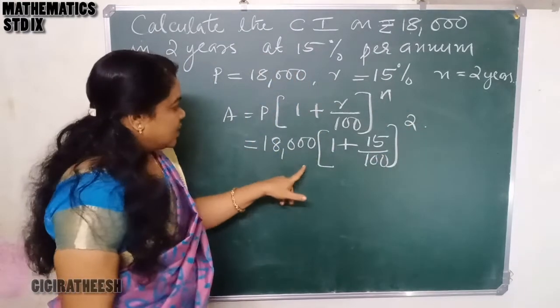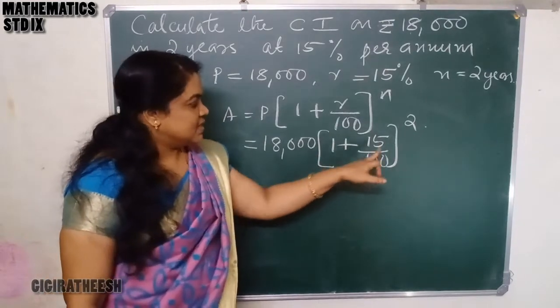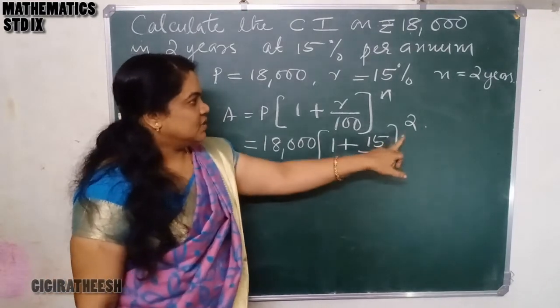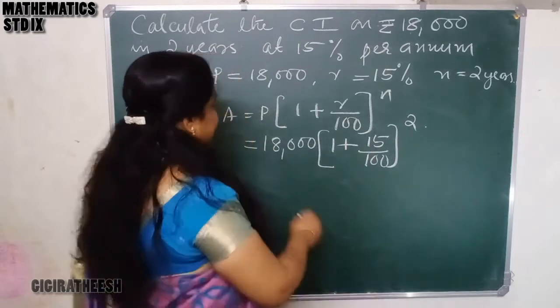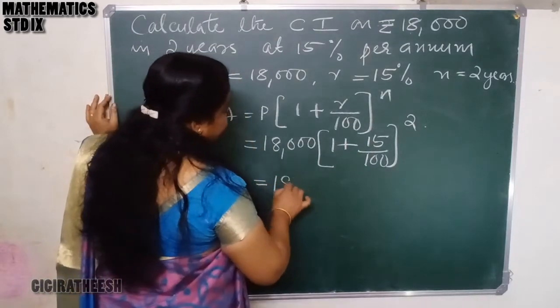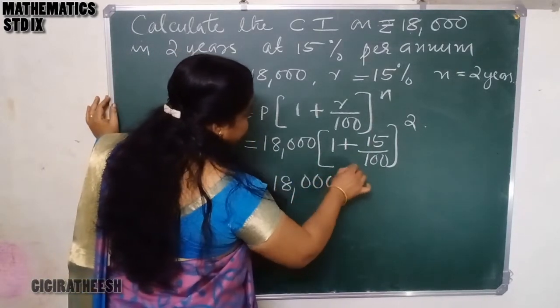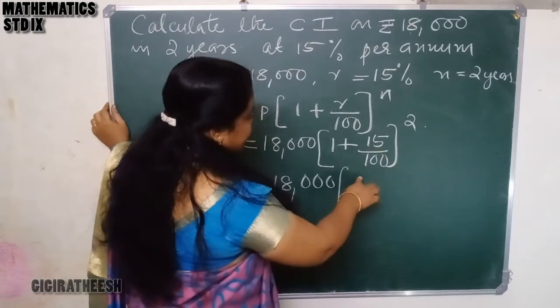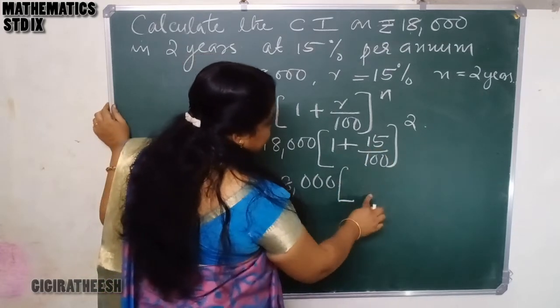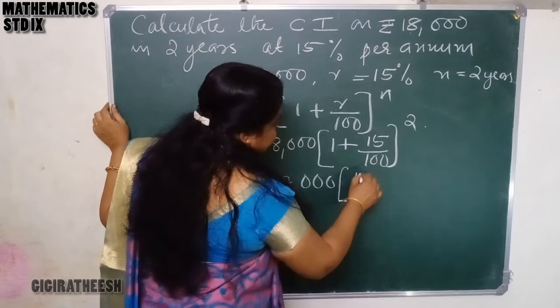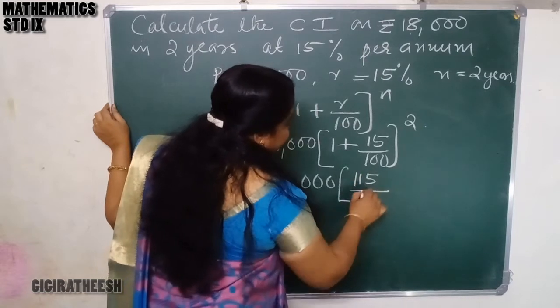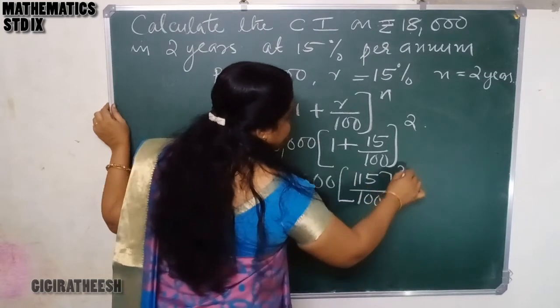That is 18,000 into 1 plus 15 by 100, the whole square. Taking the LCM 100, we get 115 divided by 100, the whole square.